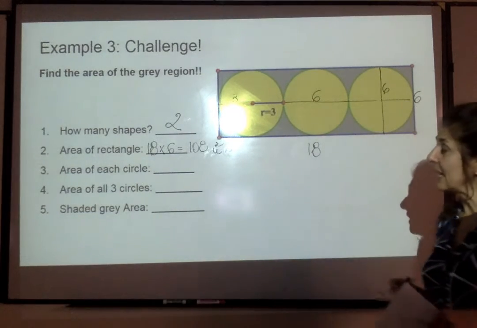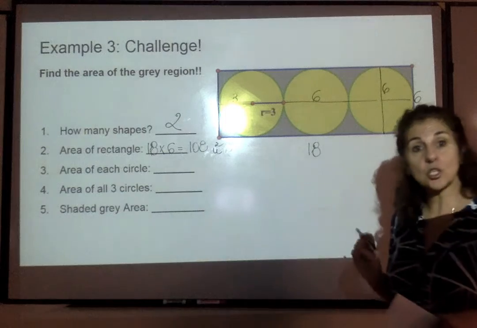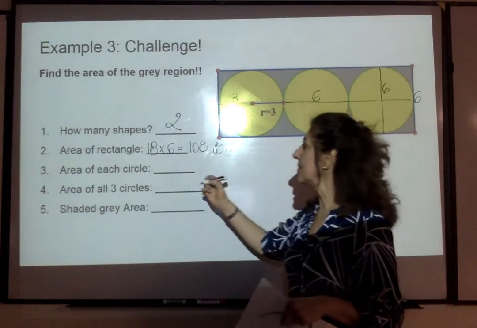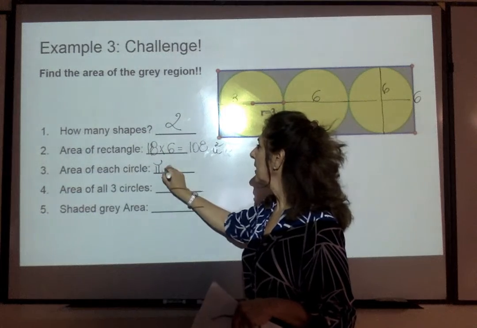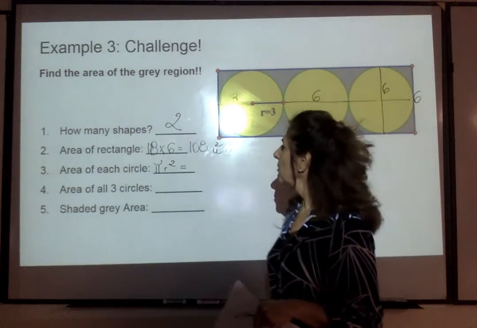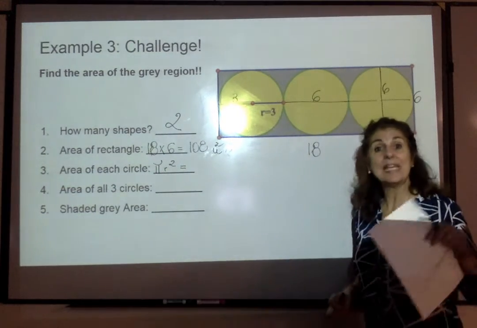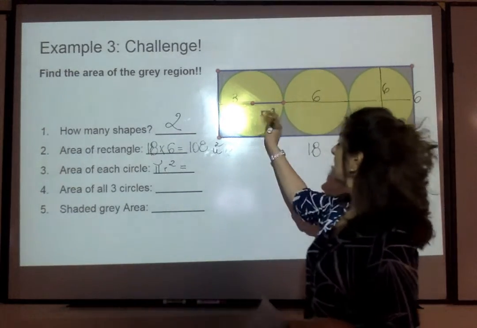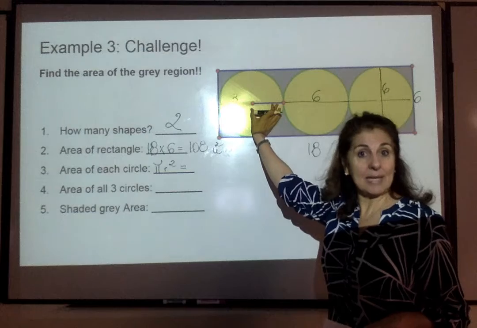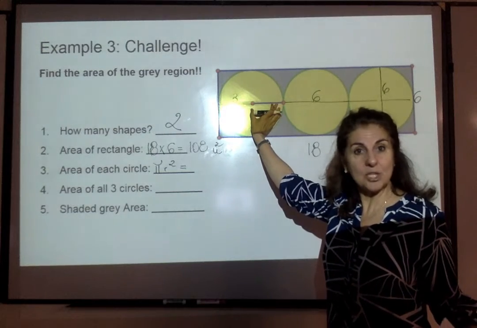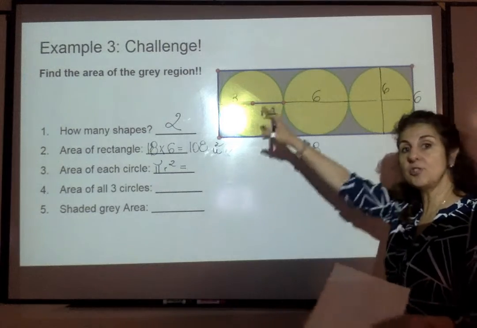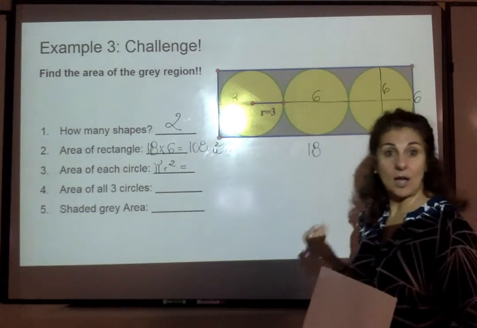Now I need to find the area of each one of the circles. So how do I find the area of the circle? Again, I use pi r squared. Well, how much is my radius for each one of the circles? My radius is 3. It was given to me in the beginning of the problem, and that was the only information I had. So I had to use some knowledge of geometry and build the other measurements.